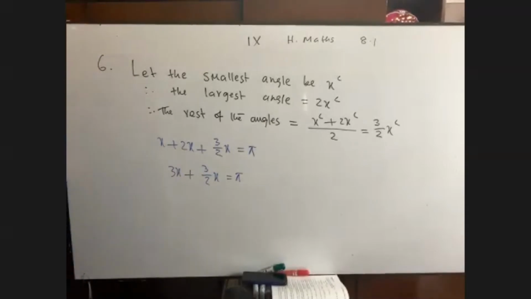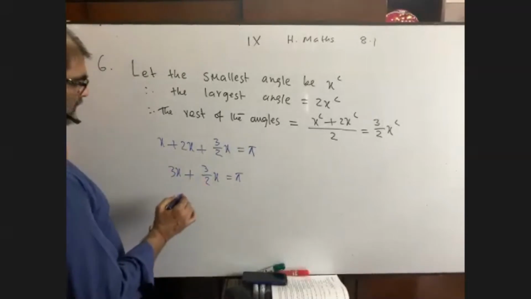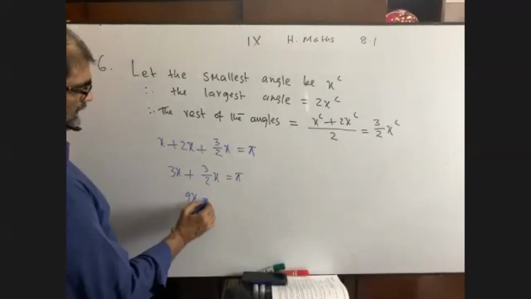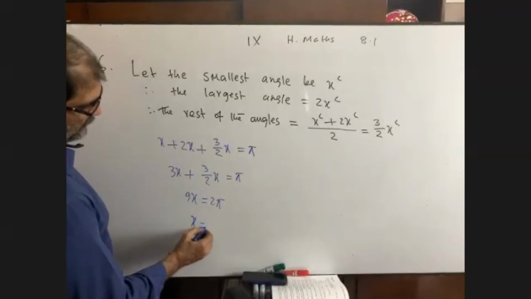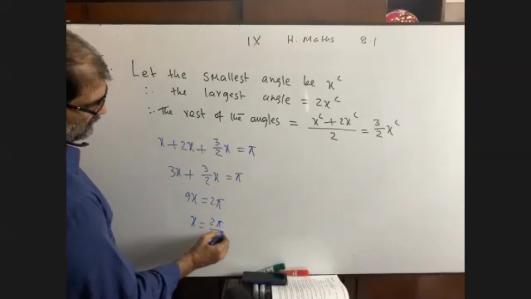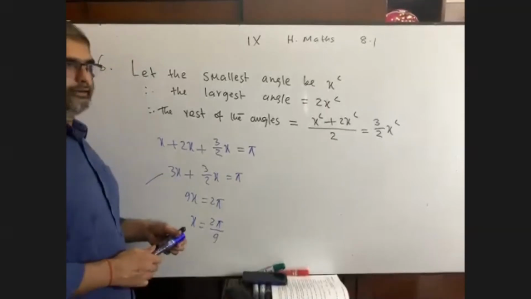Can you please calculate? It is 9x. 9x equals 2 pi. So we are getting x equals, you will get the LCM here. We have found x equals 2 pi by 9.